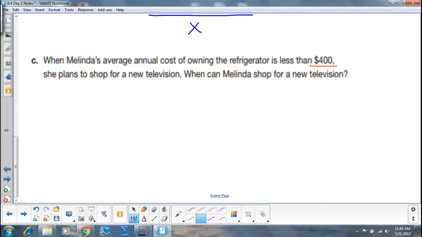So that would be, I would say, 2,000 plus 46x divided by x equals 400. How do you want to go about solving that one? Nope.